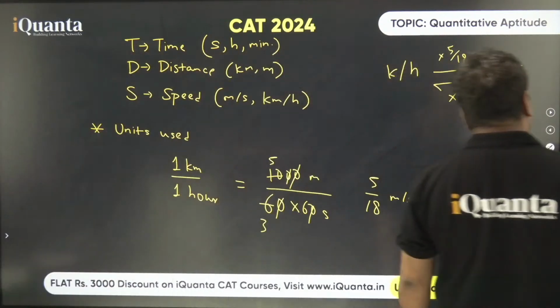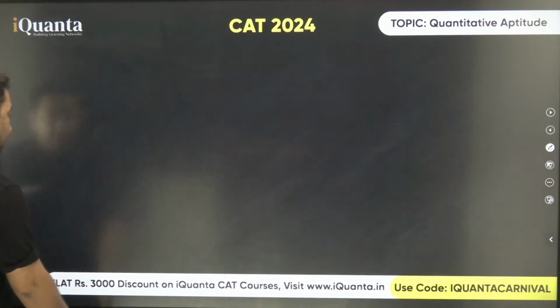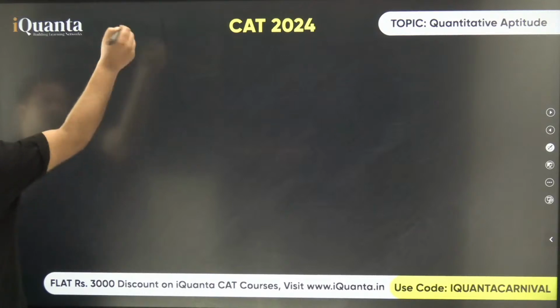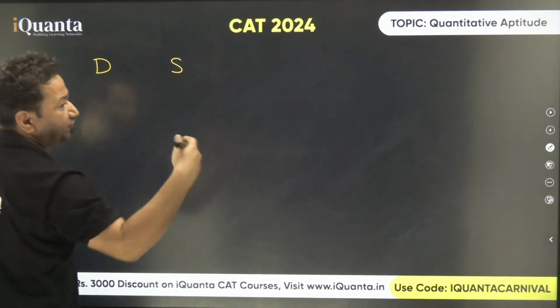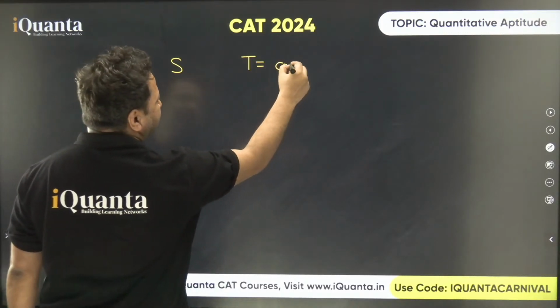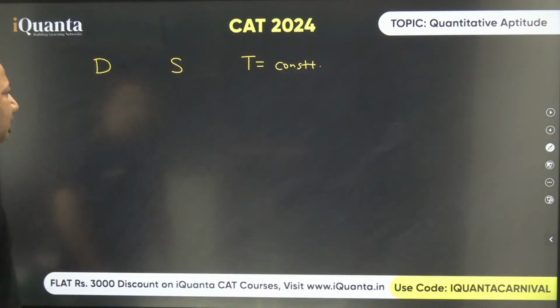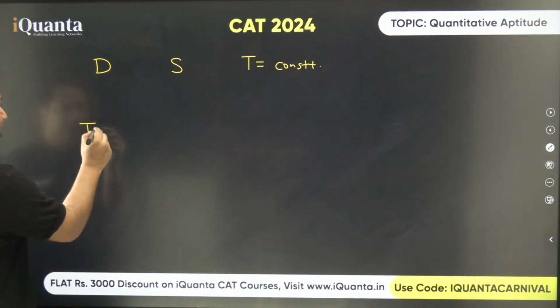All right. Now, keeping all these things in mind, we need to understand a few more things. Distance and speed, what will be the relation, keeping time as constant? I'll give you an example. Let's say the time is 2 hours.